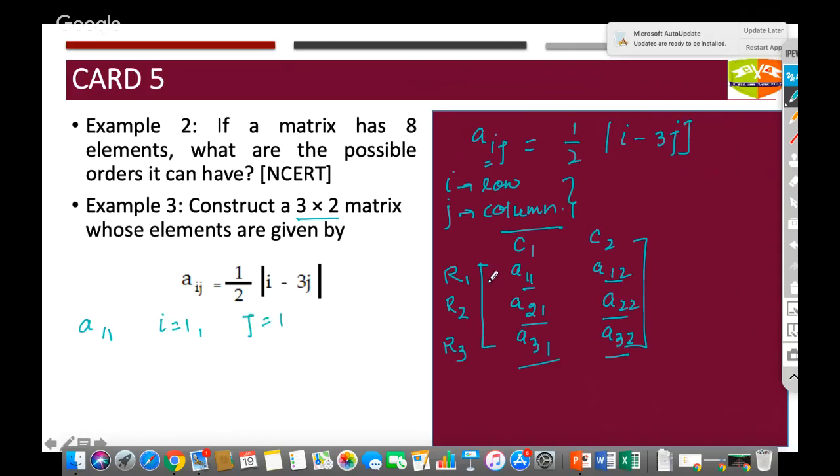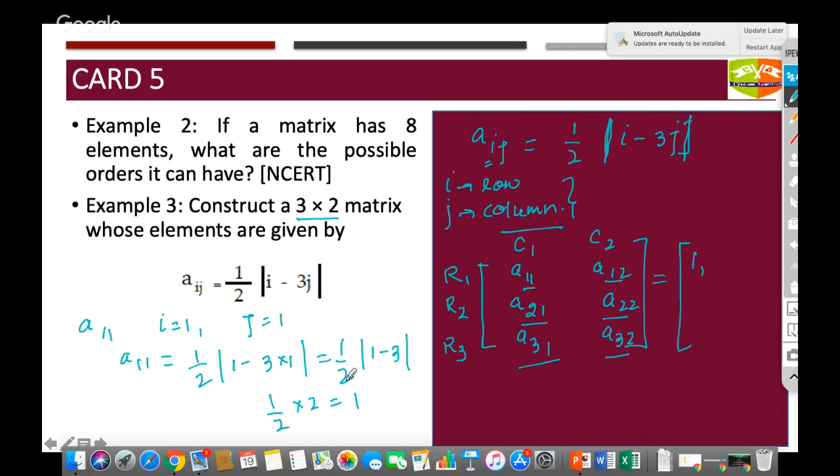Now let's put the value over here, and this is the modulus sign, this is not the matrix sign. So A11 comes out to be 1 by 2, modulus of 1 minus 3 into 1, which gives me 1 by 2, modulus of 1 minus 3. So which is 1 by 2 into 2, that comes out to be 1. So A11 comes out to be 1.